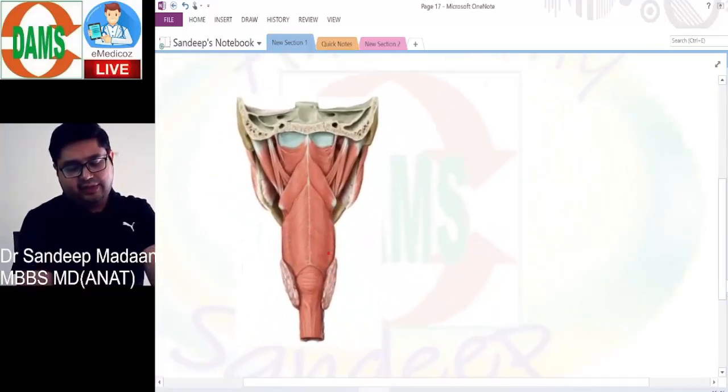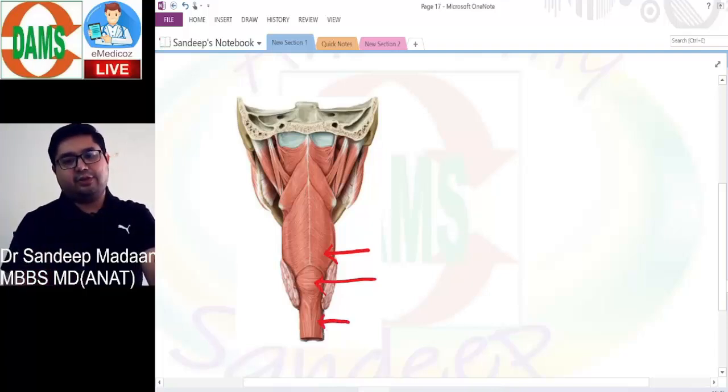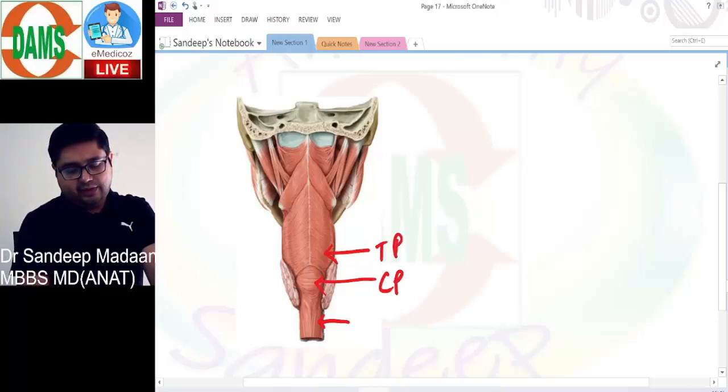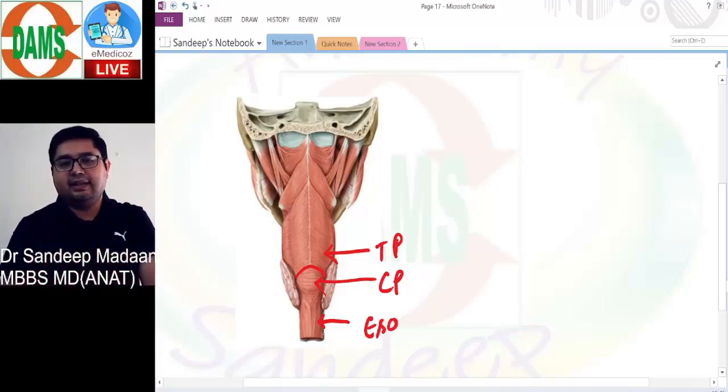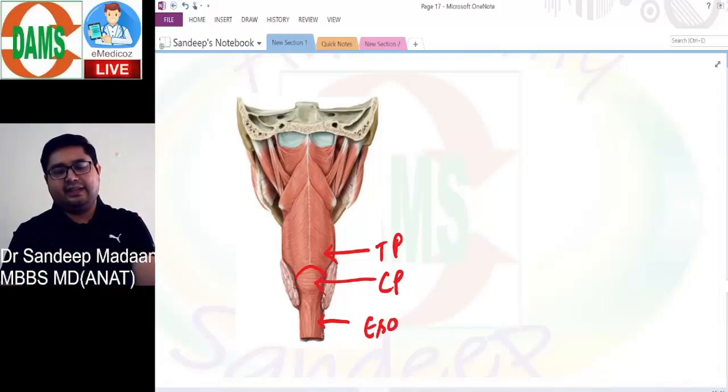Let me show you here. Right here you can appreciate the inferior constrictor in the form of thyropharyngeus. Again you can see the cricopharyngeus. Cricopharyngeus will continue with the esophagus here. Do you appreciate? So this is cricopharyngeus, thyropharyngeus, esophagus. Now this gap of potential weakness between the thyropharyngeus and the cricopharyngeus is called Killian's dehiscence, right? Why do you say gap of potential weakness?